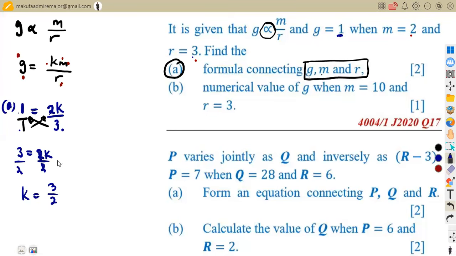This is our constant, the one that we are supposed to replace here, so that our equation is going to remain with G, M, and R. G, M, and R are the ones that we are given here. So we are supposed to substitute it this way. G is equal to, in place of K, we substitute 3 over 2 times M over R like this. All right.